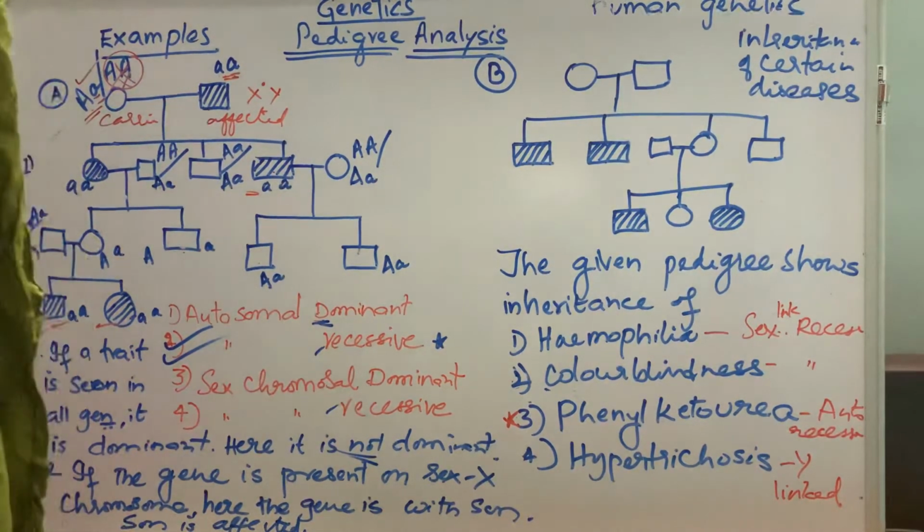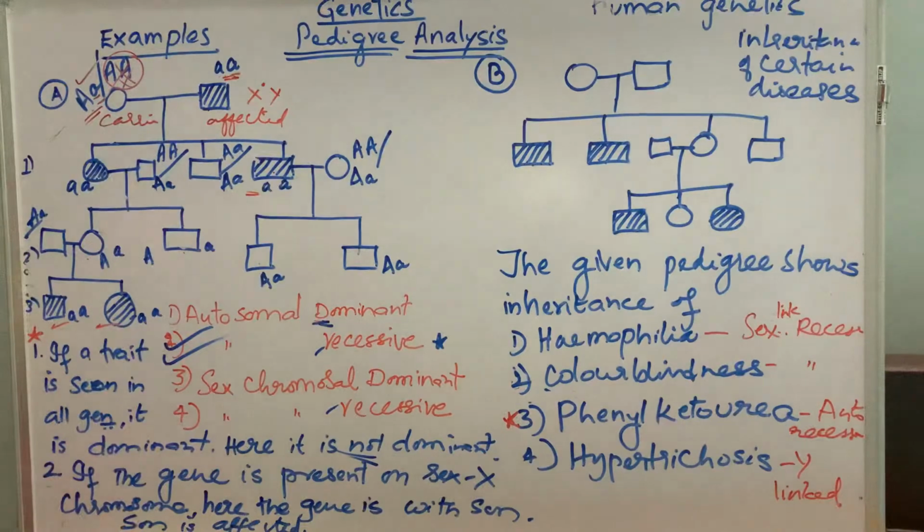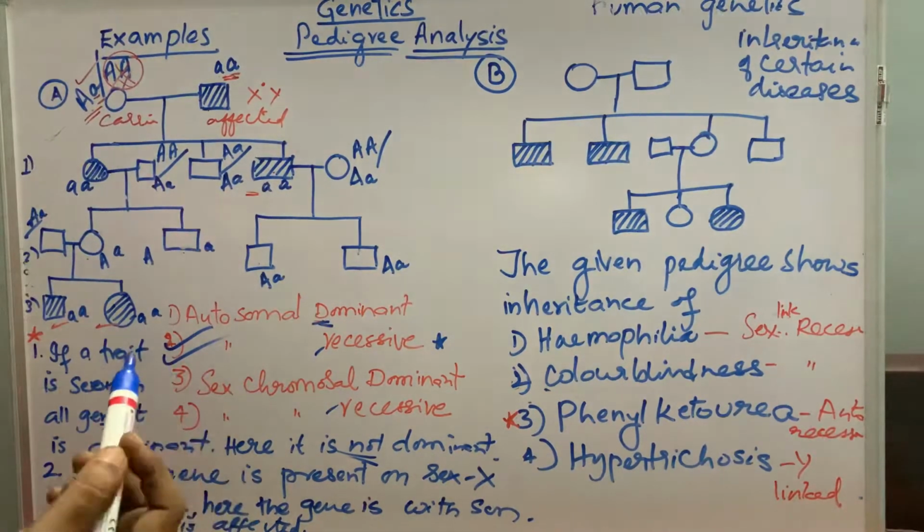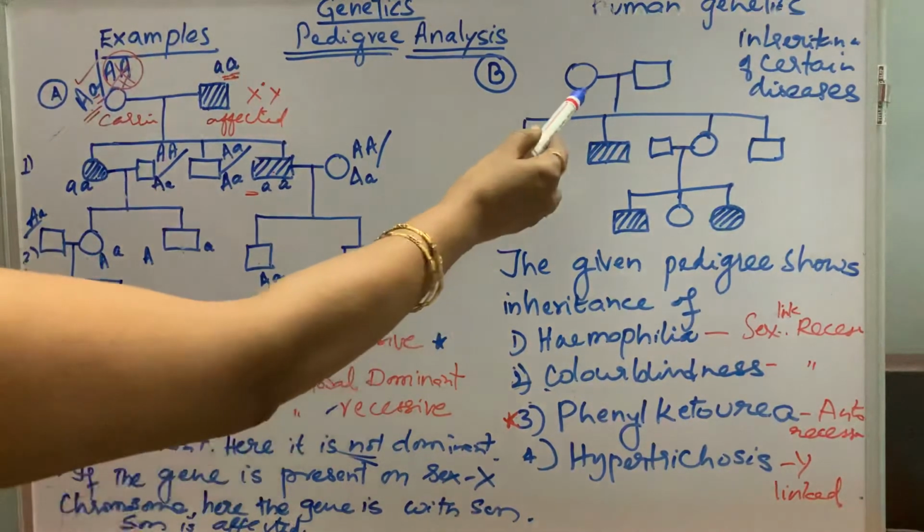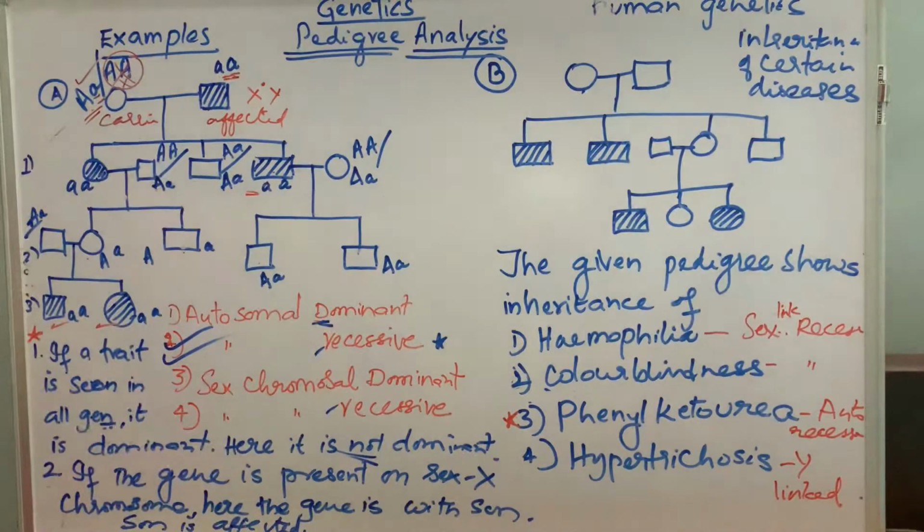Here another example is given. Here both the parents are unaffected. That means in one generation we are not finding the diseased individuals. So directly you can conclude that it is recessive, skip generation.